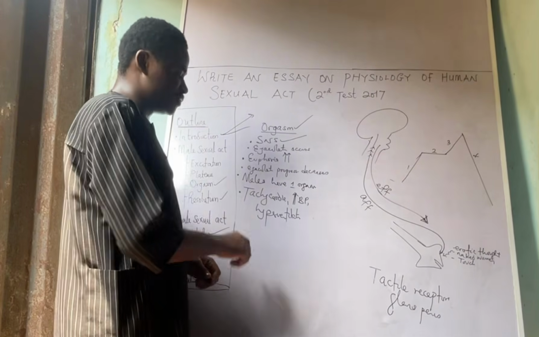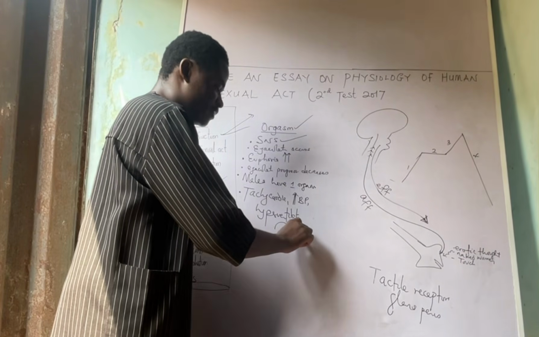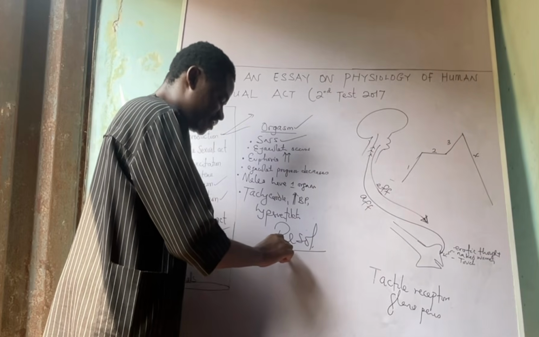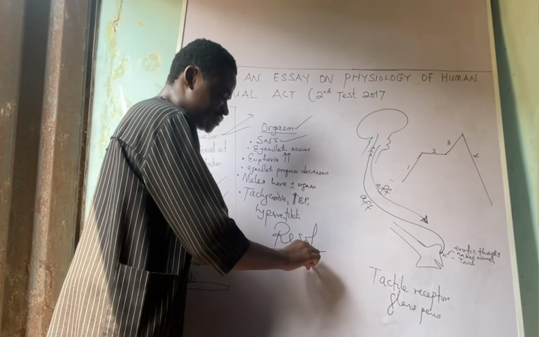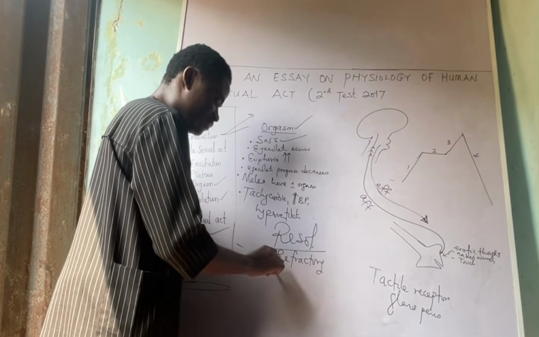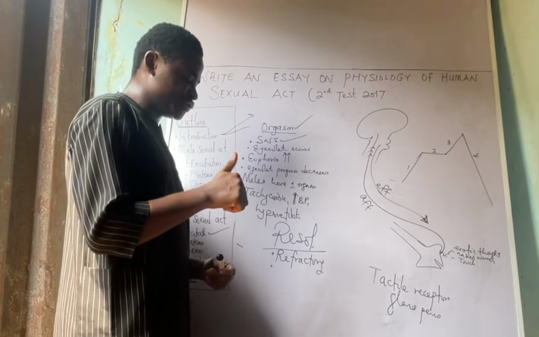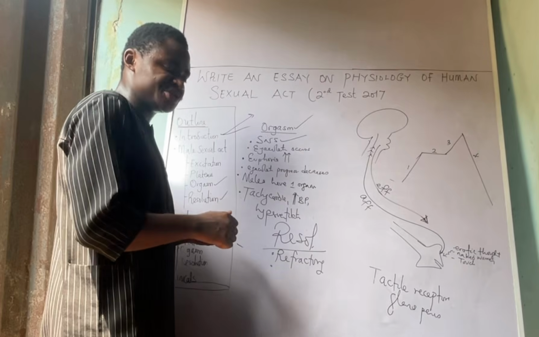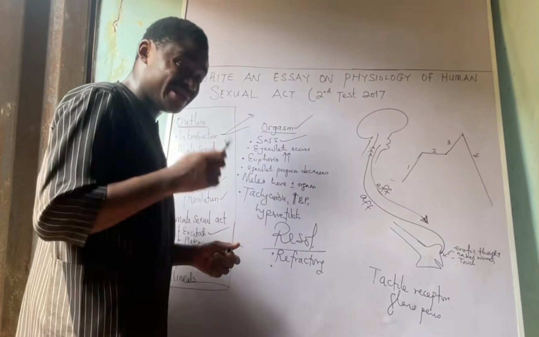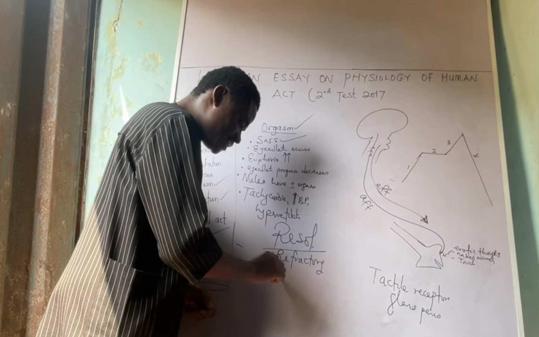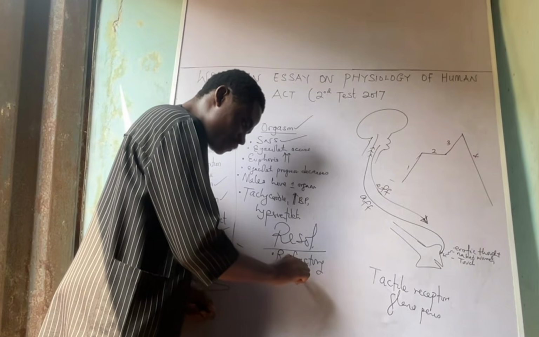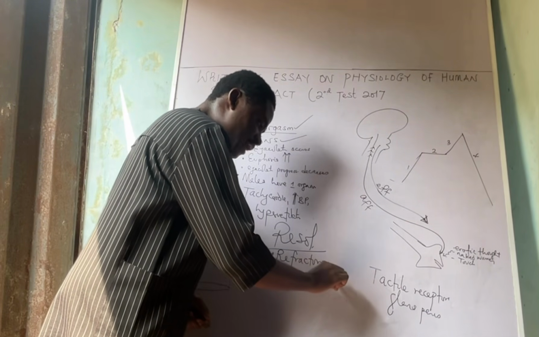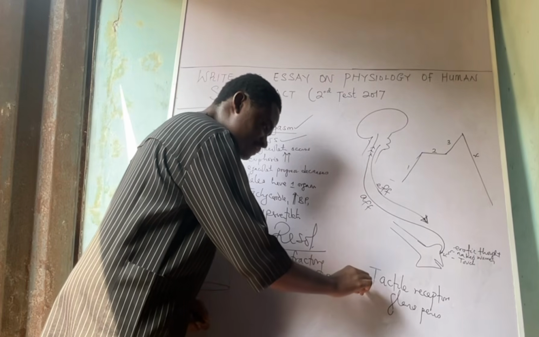Then for resolution, which is the last one, what are things to add here? It is also called the refractory phase. Now, what else happens during resolution? For resolution, you're going to say it is that phase after ejaculation and then the return to baseline levels.